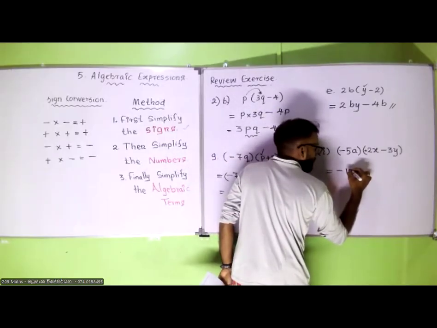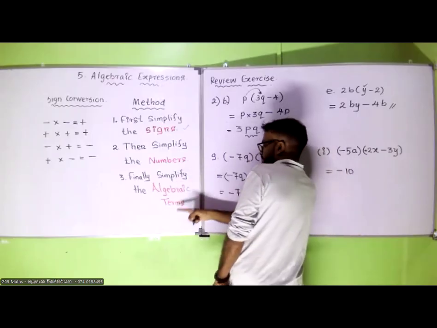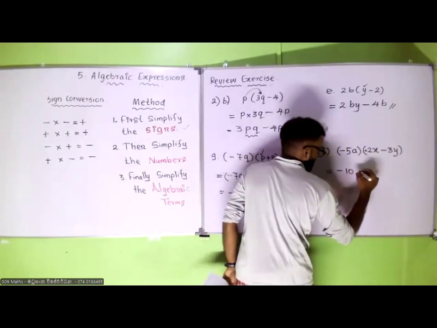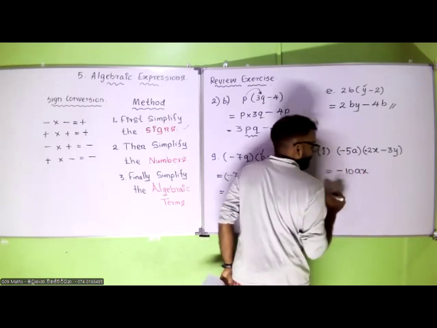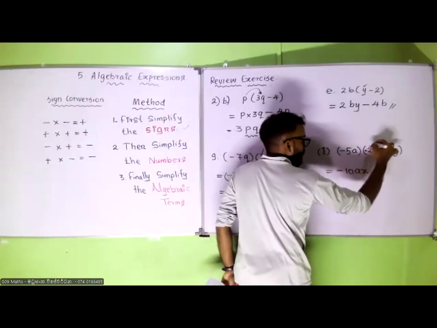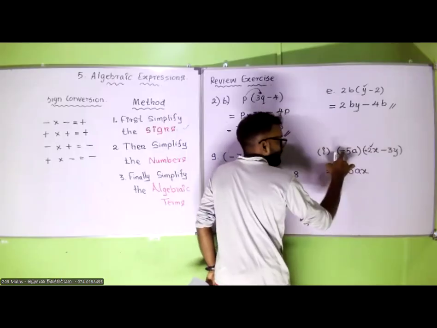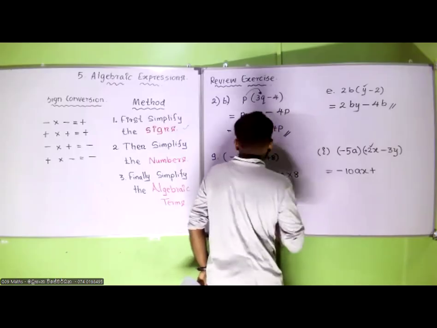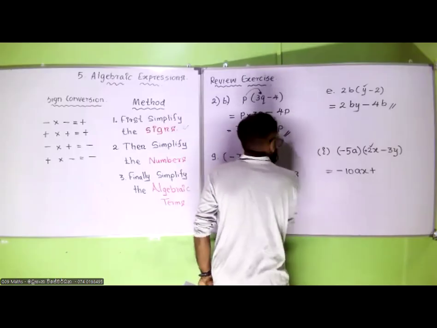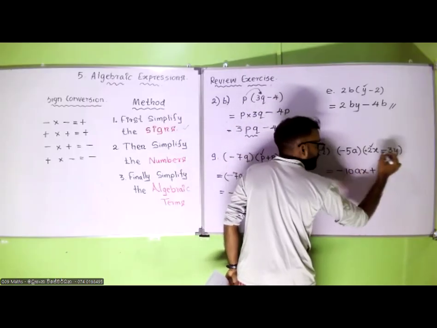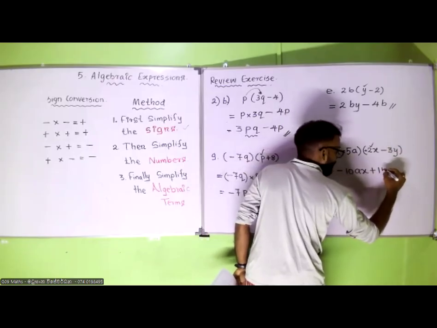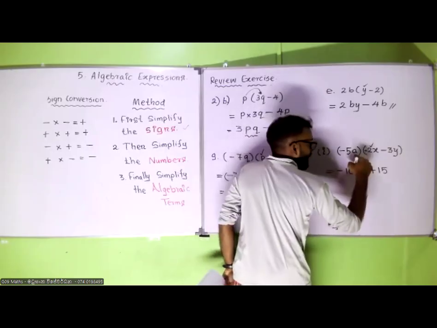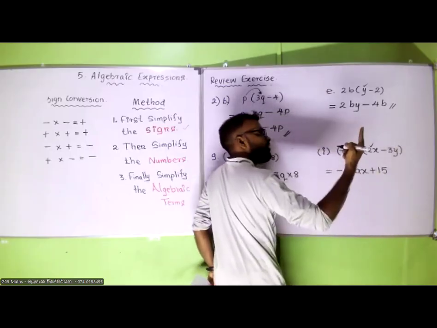Then algebraic terms: a into x, alphabetical order, ax. Now this is okay. Negative into negative, positive. Now signs okay. Numbers, do we have? Yes. 5 into 3, 15. Algebraic terms: a into y, alphabetical order, ay.